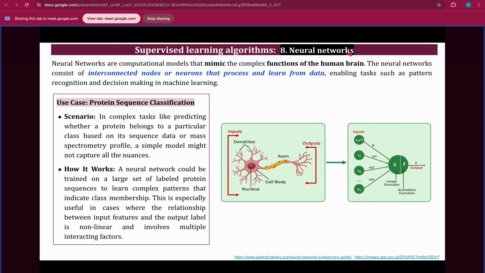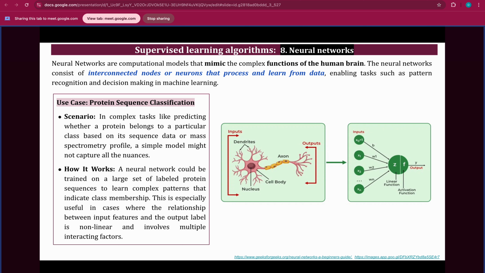Then come neural networks. As we have discussed, neural networks replicate a similar structure to that of our human neurons. They also have dendrites. If we talk about the brain, dendrites are the initial points of the neuron which capture signals. Dendrites receive signals, then transmit them through the cell body via axons, and from the synapse another neuron's dendrite will be connected, so information is passed from one neuron to another.